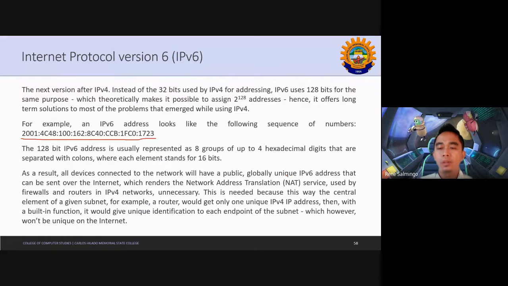So this is needed in a way that a central element of each subset, for example, a router, would get only one unique IP address. Then, with a built-in function, it would give a unique identification to each endpoint of the subnet, which, however, won't be unique on the internet.